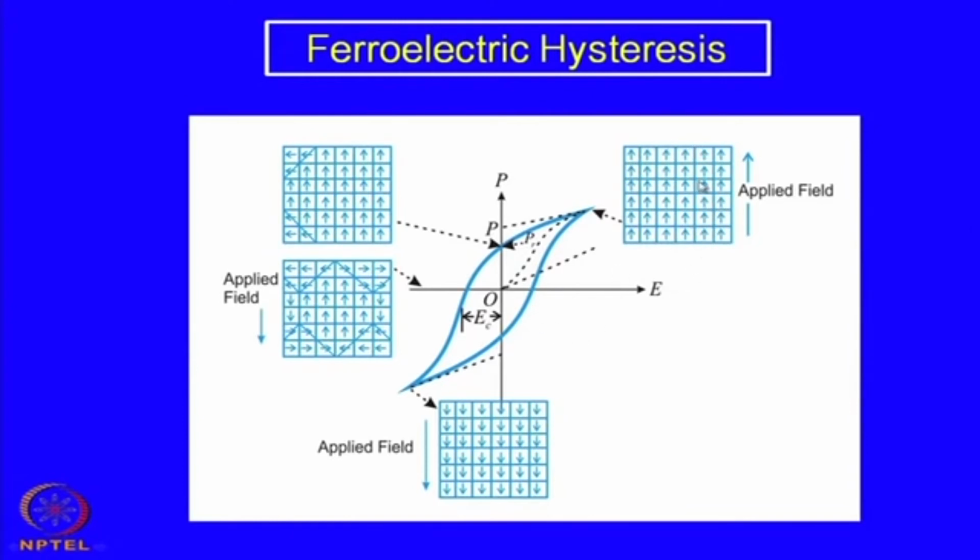The reason is the way we change the electric field and the time it takes to change the orientation, because it is basically orientation polarization. So, the atoms have to move from one place to the other. So, it is a sluggish process, it is certainly a very sluggish process, and therefore, even if you reduce the electric field, the atoms have not come back to their original position.